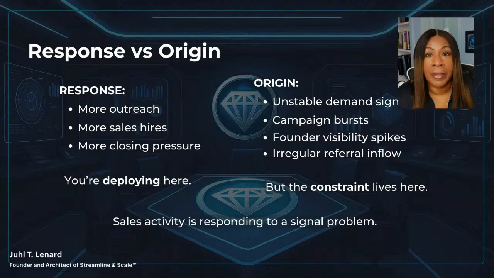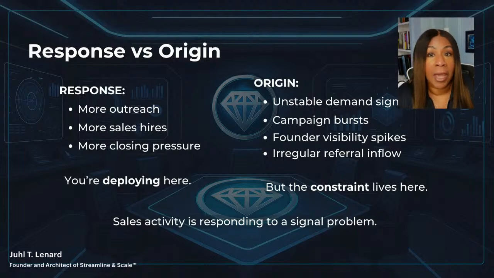Let's look at response versus origin. On the left-hand side, we have the response. This is where you're deploying. On the right-hand side, we have the origin. So the response to this is more outreach, more sales hires, more closing pressure.